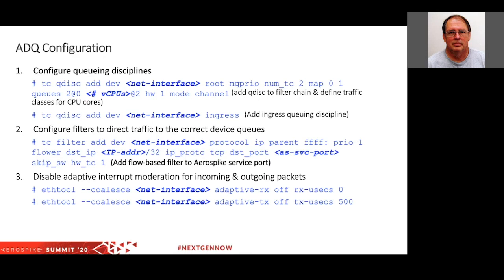And then you have the next command. Again, you can sort of figure out what these are doing by looking at what's in the angle brackets. So you see that adding the filter specifies a network interface, an Aerospike service port, which is the port the client traffic comes in on, and the IP address of that particular 800 series card.